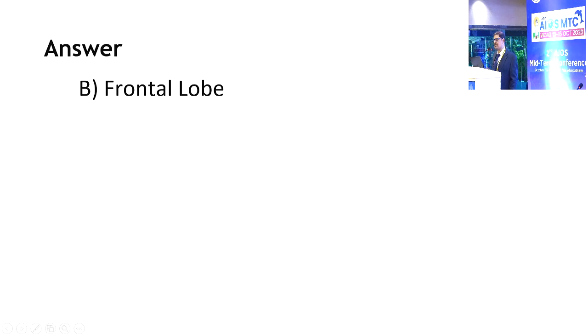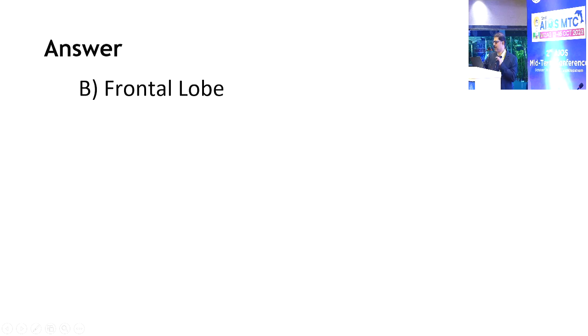Time is over. Option B, frontal lobe is the answer. What is Foster Kennedy syndrome? Foster Kennedy syndrome is ipsilateral optic atrophy and contralateral unilateral papilledema. If you know about Foster Kennedy syndrome and its pathogenesis, you can easily answer this question.